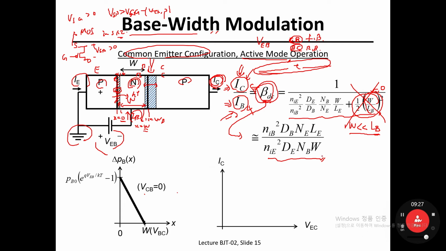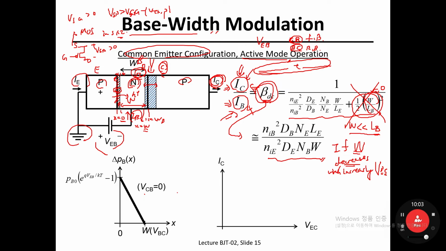One more thing, since we are talking about base width modulation: what if W decreases with increasing V sub BC, the base collector junction voltage? If V sub BC is increasing, W should decrease. Why is that?